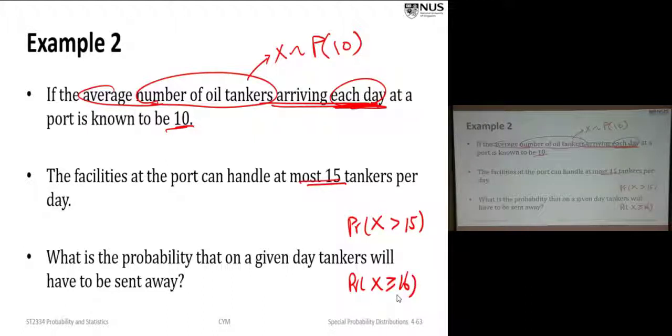If the number of tankers arriving is less or equal to 15, then the port can still handle it. But if it is greater than 15, then we have problems. We have to turn them away. So we want to find out what is the chance that you turn them away from the port. So we are asked to find this probability.